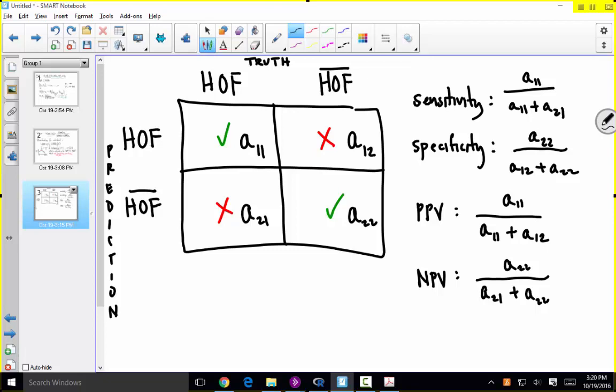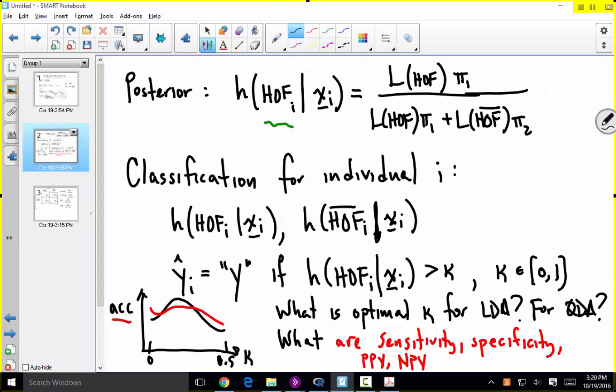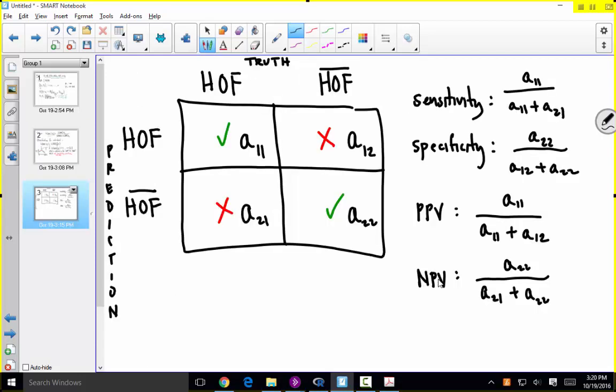Inside the loop, you're going to consider a variety of kappa choices. I give you the choices to use in the homework, consider this sequence of kappas. Inside cross-validation, you consider every single one of those, and you store sensitivity, specificity, PPV, NPV.